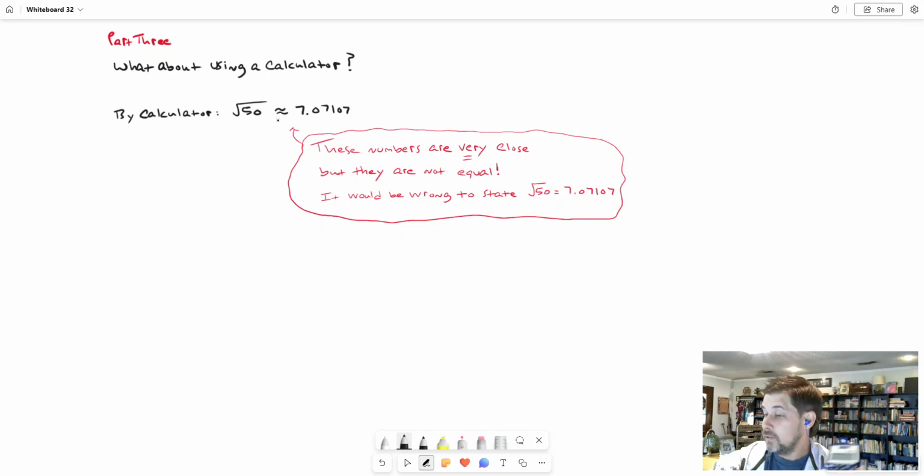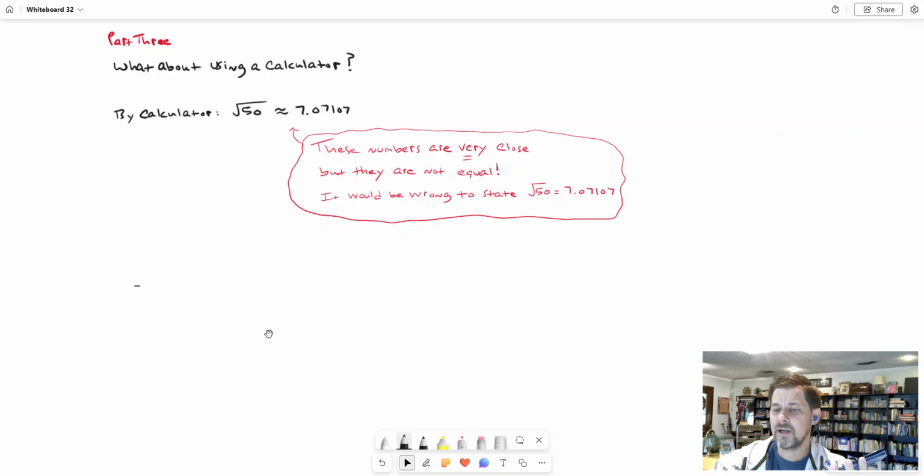So when you use your calculator, you may get a number like that with so many decimal places, but it is only an approximation. They're not equal. The wavy lines right there, that is our approximation symbol in math. Don't put that they're equal. That wouldn't be correct because they're not equal. Okay, they might be very close, but they're not the same number.